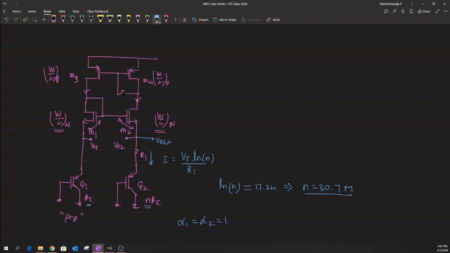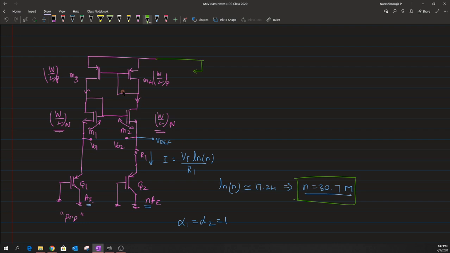Let me do it mathematically and show that. Let me use a different color. To this structure, I am just going to add an extra circuit just to step down this particular requirement, just to cancel out this huge requirement on my Q2. I am just adding an extra circuit along with this circuit setup.